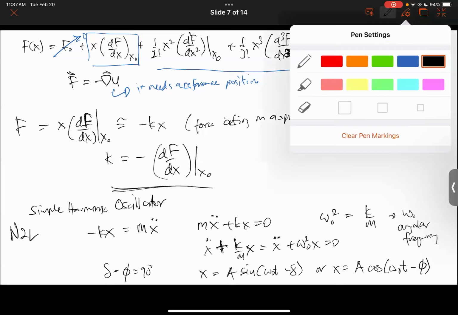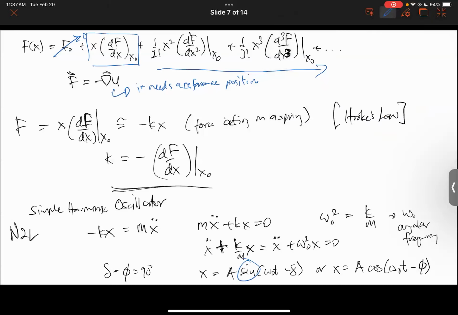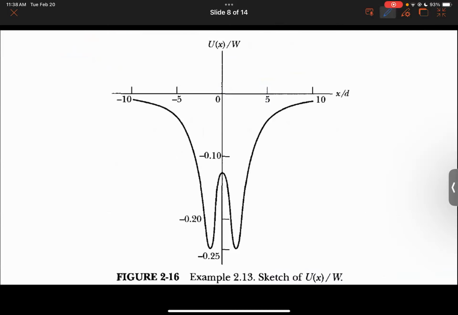Alam natin yun from mathematics dahil yung phase difference between the sine and cosine is 90 degrees, right? So if we use this cosine equation for x, what do we get?